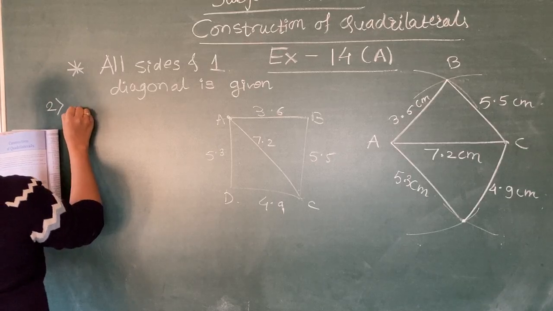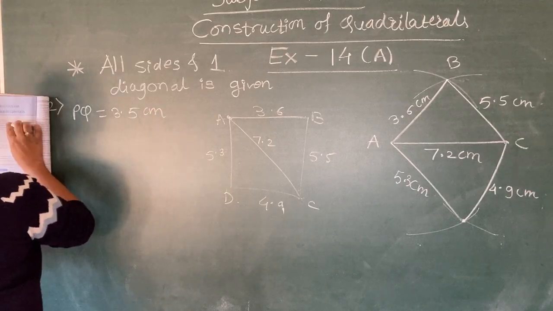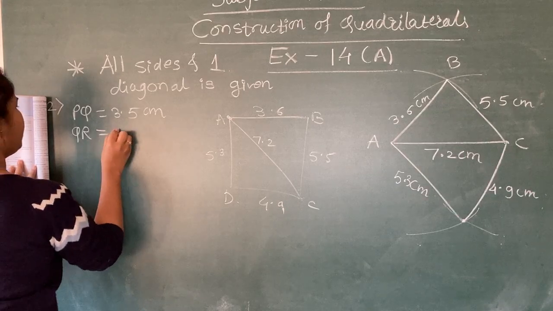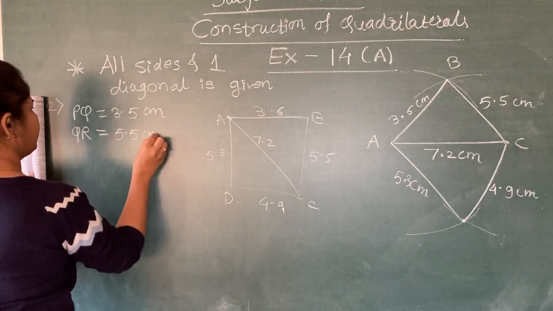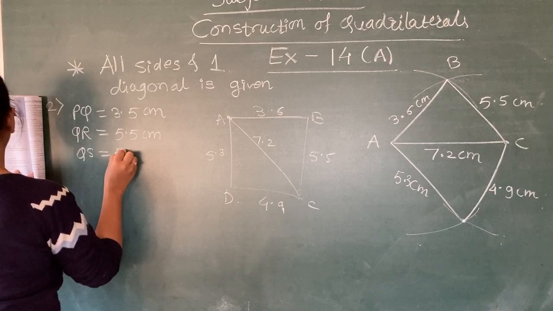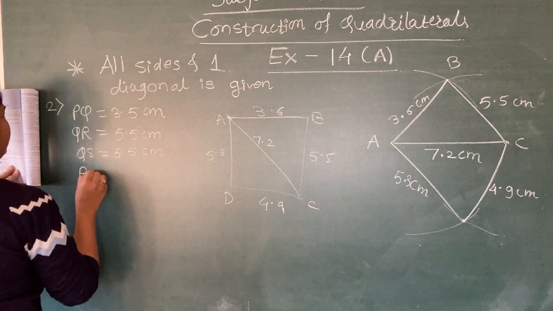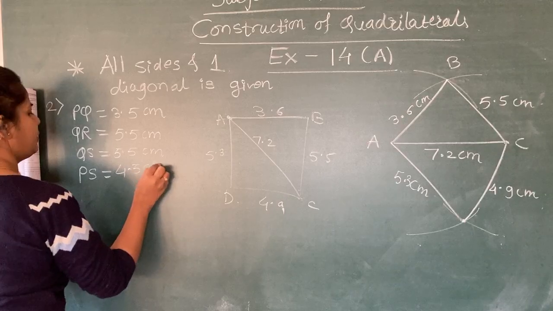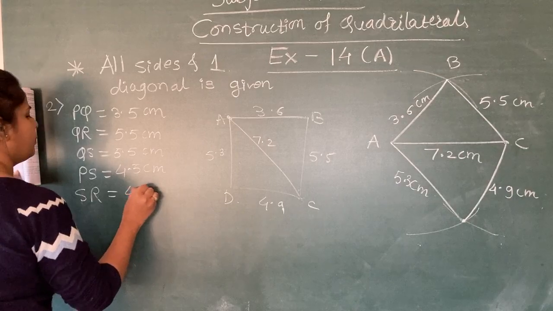PQRS is a quadrilateral where PQ is equal to 3.5 centimeter, then QR is equal to 5.5 centimeter, and QS is equal to 5.5 centimeter. Then PS is equal to 4.5 centimeter and SR is equal to 4.5 centimeter.